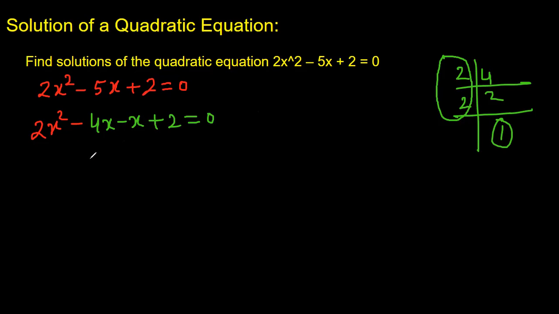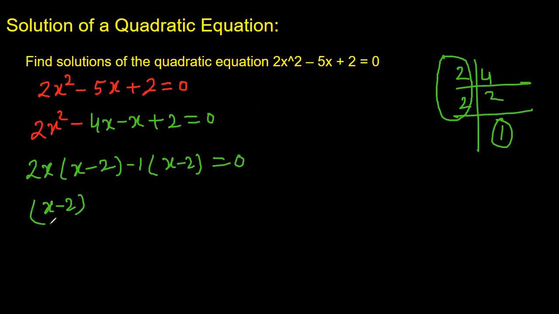Positive, negative into negative is positive. Now you take 2x common, and what is left from here? x minus 2. And from these two terms, we take -1 common and x minus 2 again. That is 0. So this will give you x minus 2 and 2x minus 1 is equal to 0.